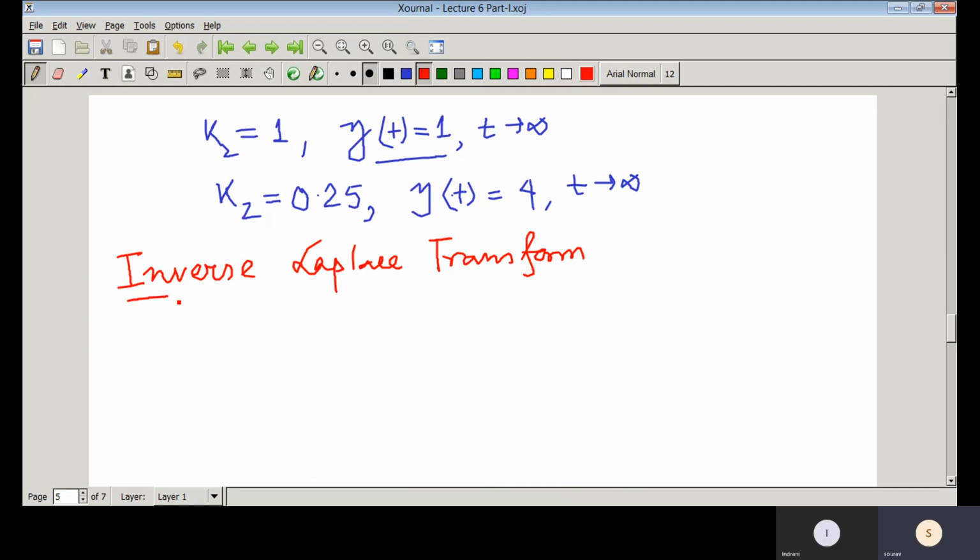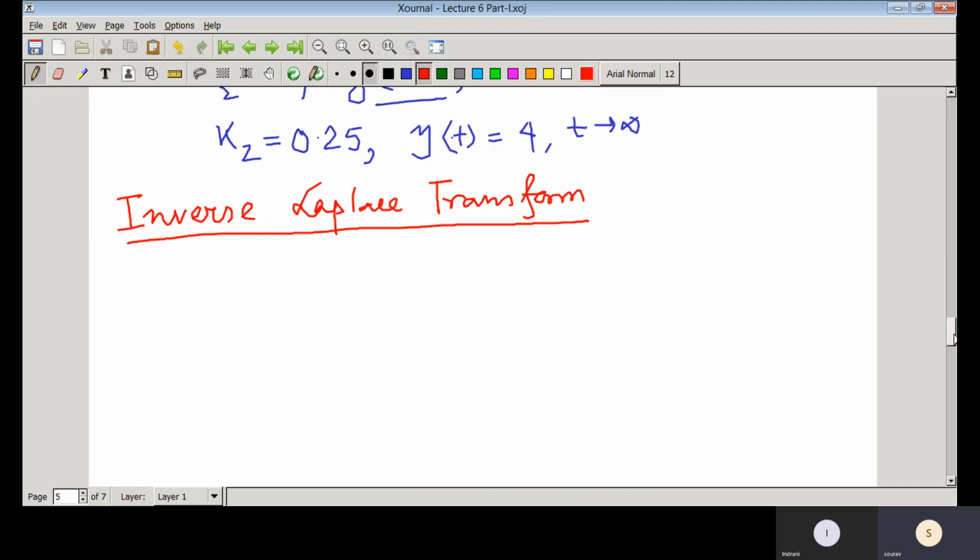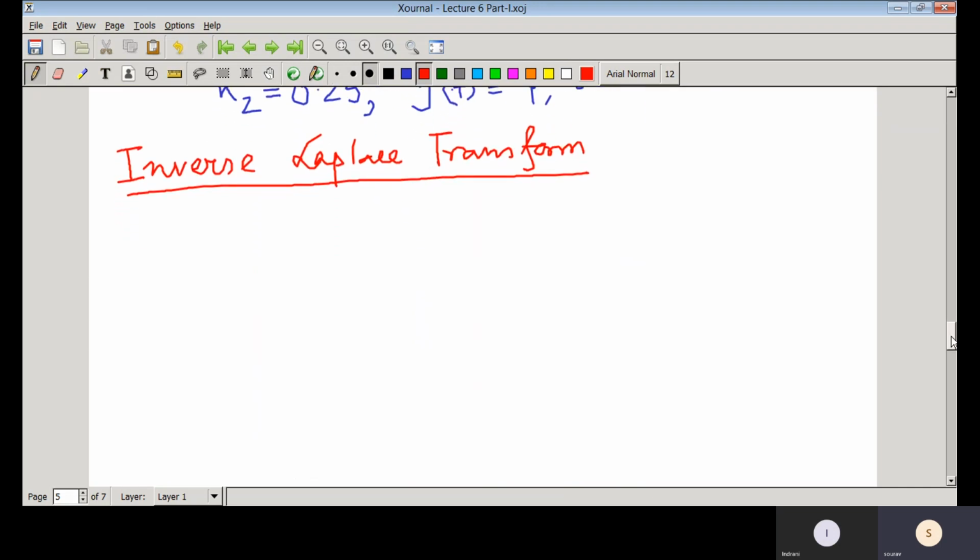In this class we will be solving some problems, and from there you will learn a few new concepts, though probably you have learned those things in your signals and networks course. Let us see how to apply the inverse Laplace transform to find that function.